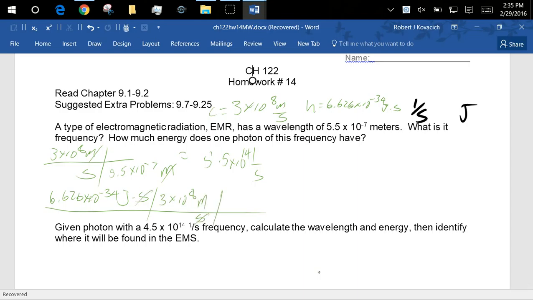And that'll get rid of the seconds, and then I'm going to put my 5.5 times 10 to the minus 7th meters down here and cancel out my meter. All right, and so then I get 3.6 times 10 to the negative 19th joules.